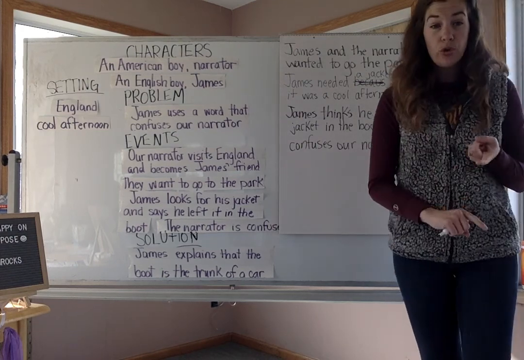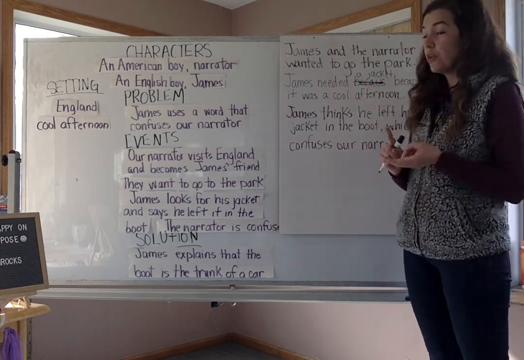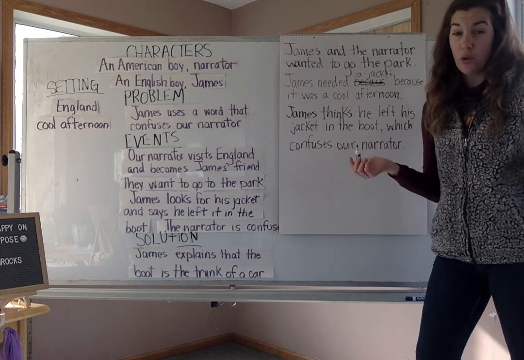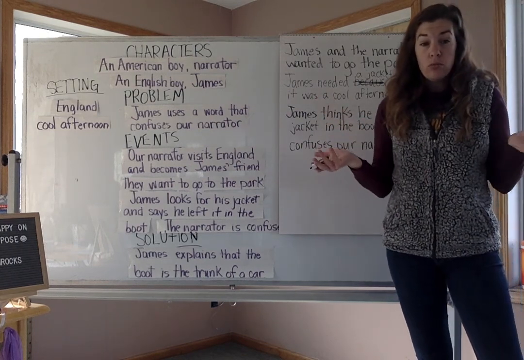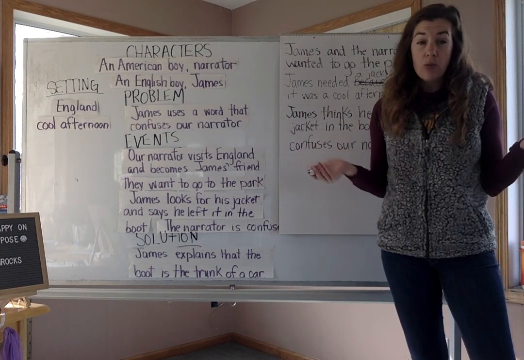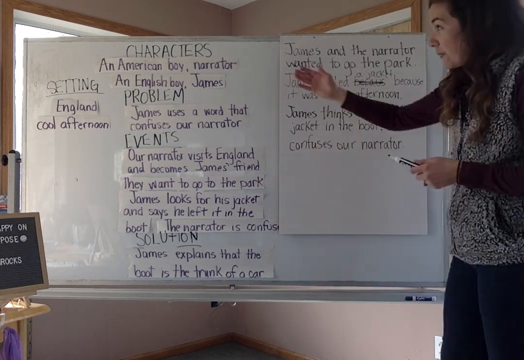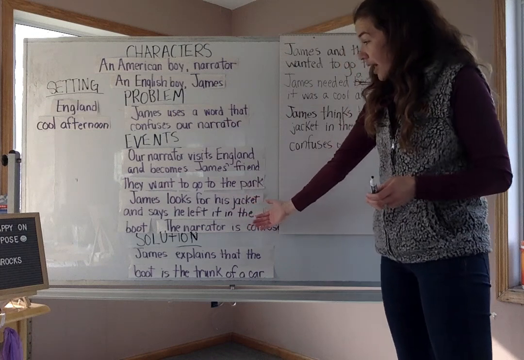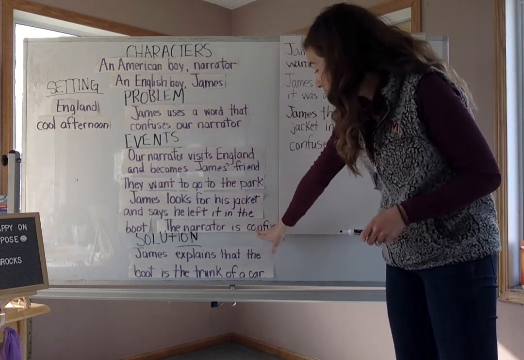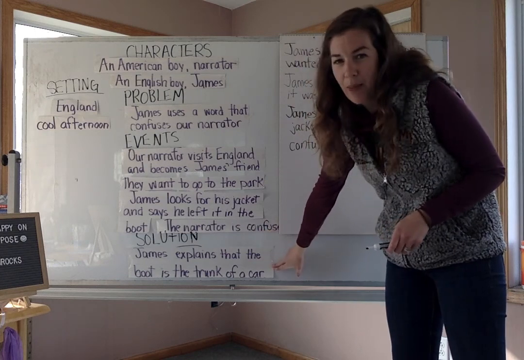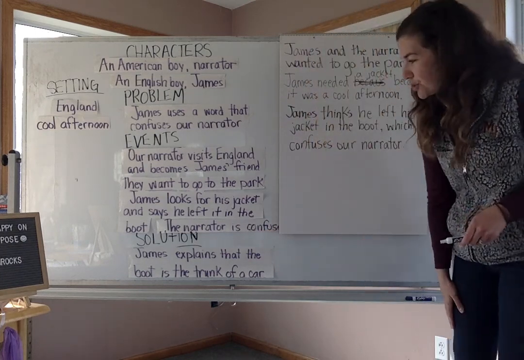So now I have told you about the somebody. I've told you what they wanted, and I shared the but, or the problem. So now I need to be thinking about, so what did they do about that problem and how was it solved? So if I think back to my graphic organizer, after they are looking confused, how did we solve that problem? Okay, down here at the solution.